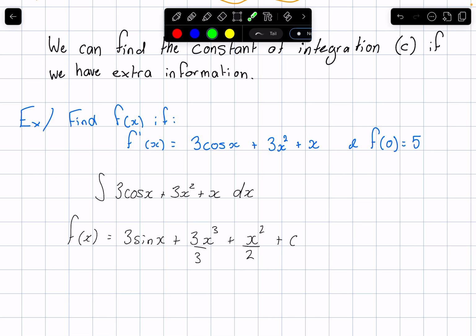So f of x equals 5 when x equals 0. So I put 5 on the left hand side and I substitute in 0 for my x. Now 3 over 3 is just 1, so I've got 0 cubed plus 1 on 2, 0 squared plus c.